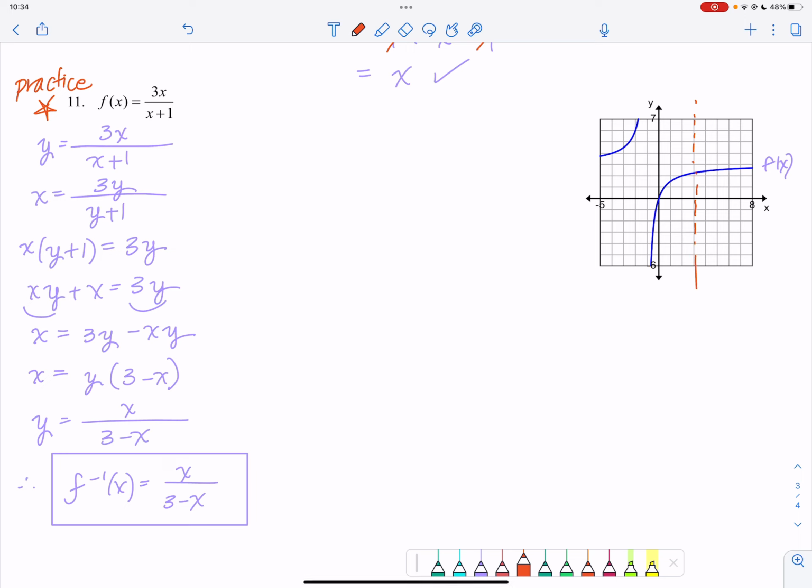And the graph actually looks something like this. And this is f inverse of x. Okay, we can check that.